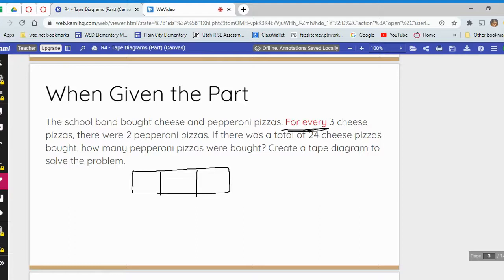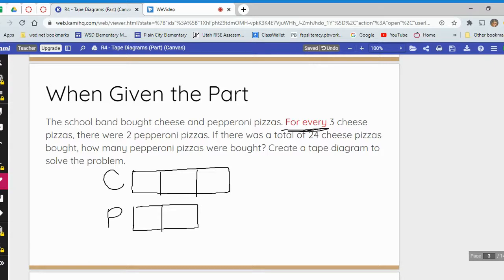Okay, and I'm going to label it with a C because those are going to represent the 3 cheese pizzas. Now, below it, it says there was 2 pepperoni. I want to make them as close as I can to the same length so that the 2 from above would line up with 2 from below. And these are pepperoni. So that's our first step: draw our tape diagram to represent our ratio.